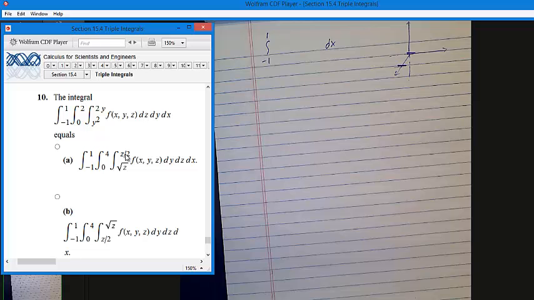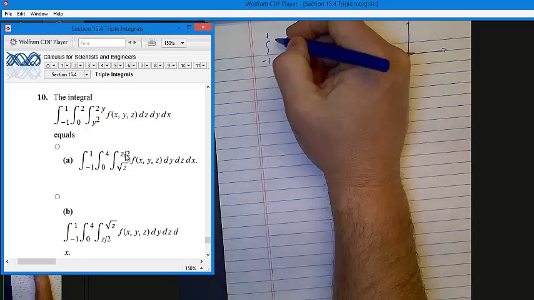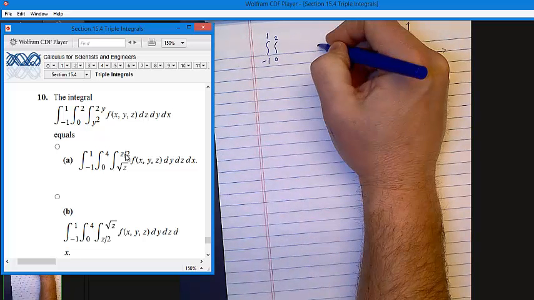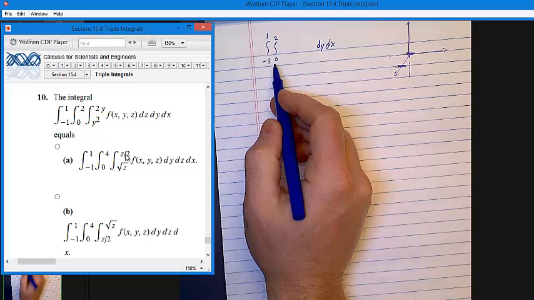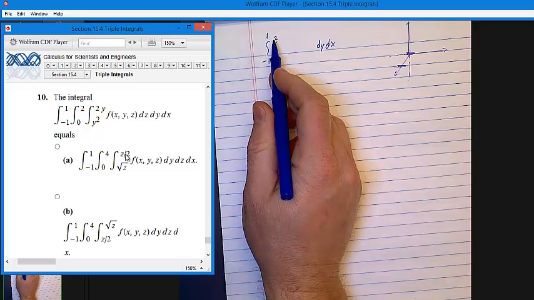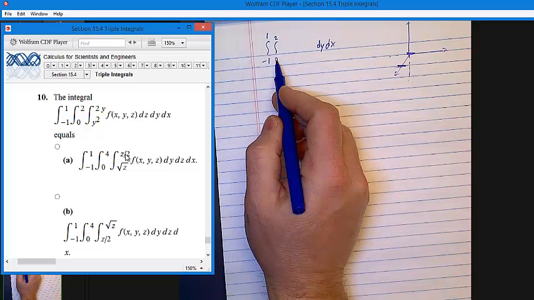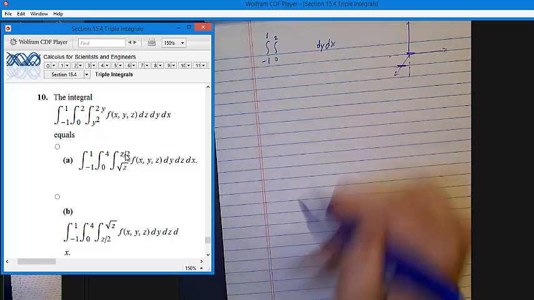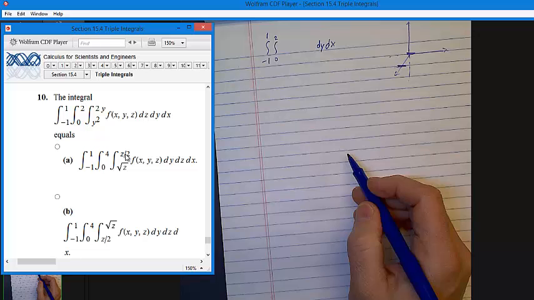And now as I go from 0 to 2, this is different, right? 0 to 2, dy, but here these are supposed to be functions normally. It's like z of y equals 0, or z of y equals 2.